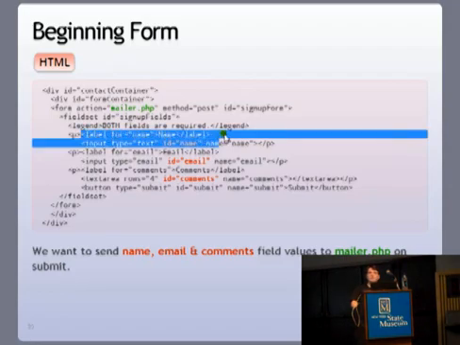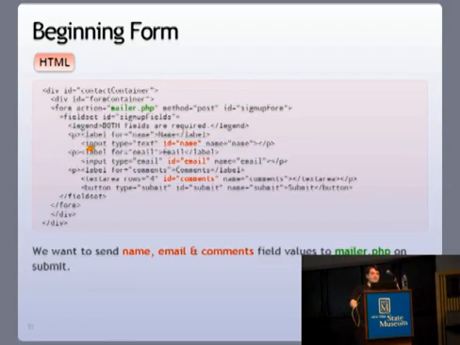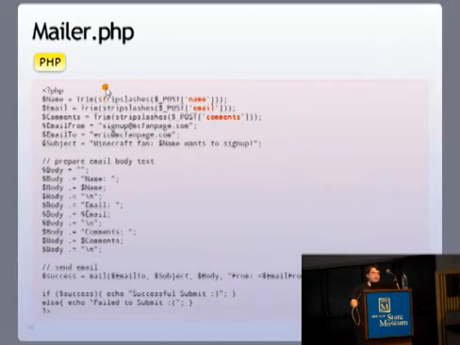All the inputs are labeled, and we want to take name, email, and comments for my Minecraft sign-up form. And I want to send them to mailer.php. I'm not going to go into PHP very much because I don't know what most of this does. I just know that name, email, and comments need to be proper here.